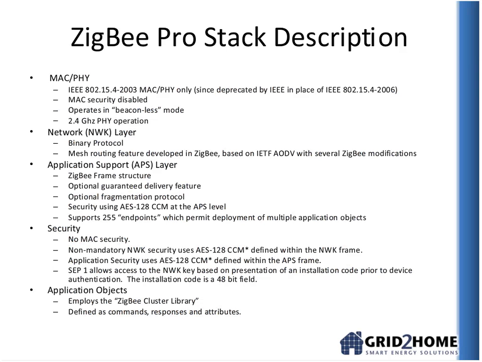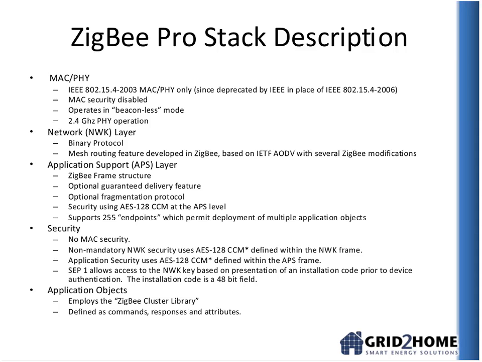It's not IP, but there is mesh routing that's based on an IETF spec called AODV with a few ZigBee modifications. The application support layer has a special ZigBee frame structure. There's an optional guaranteed delivery feature and an optional fragmentation protocol. The security of that layer is AES-128, and it supports 255 endpoints, or clients when we talk in the SEP2 language.